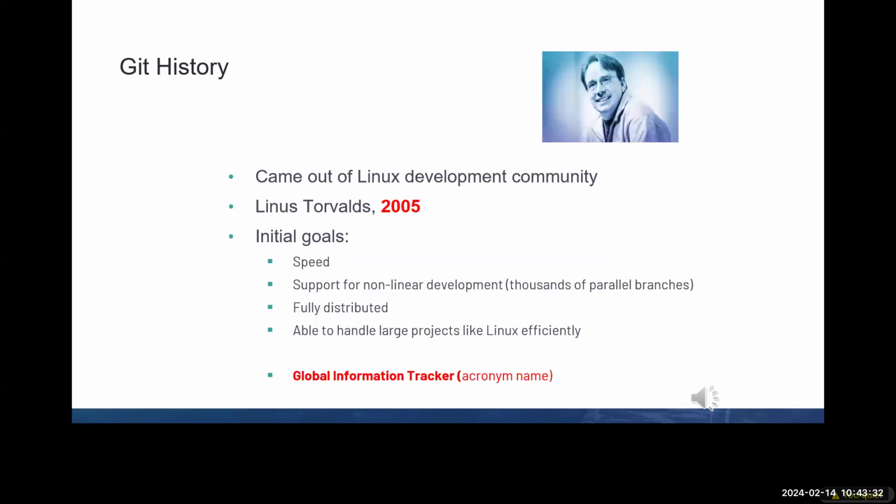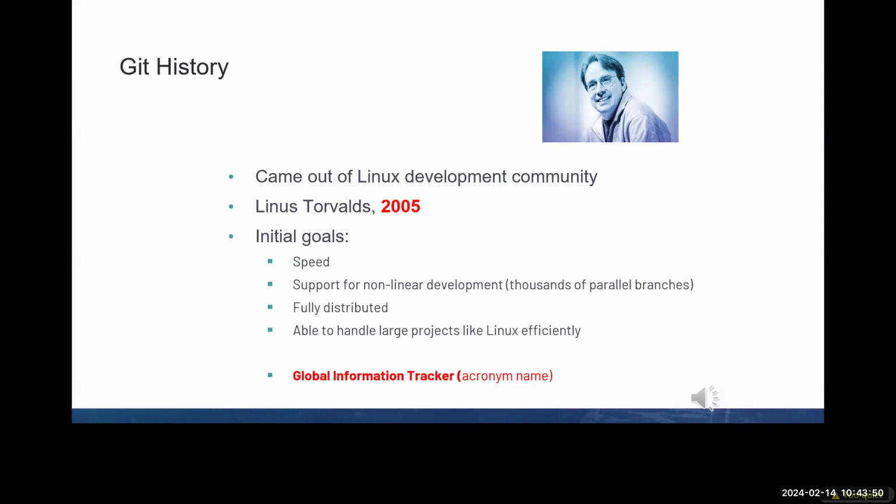So where does Git come from? Git came out of the Linux development community. The one who invented it is Linus Torvalds, and it was invented in 2005.